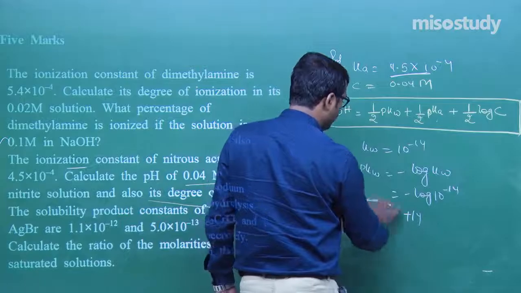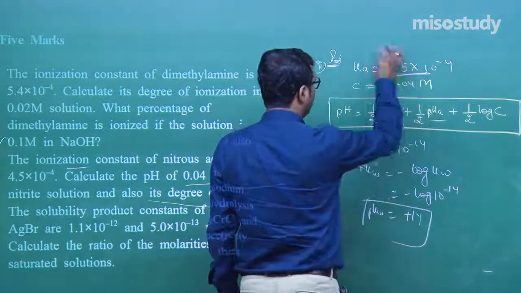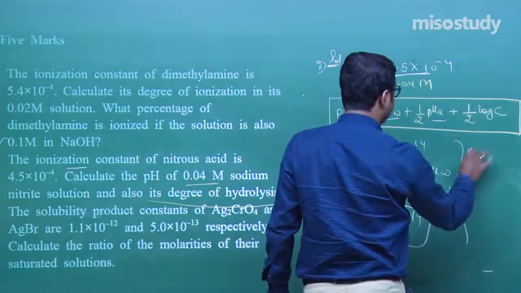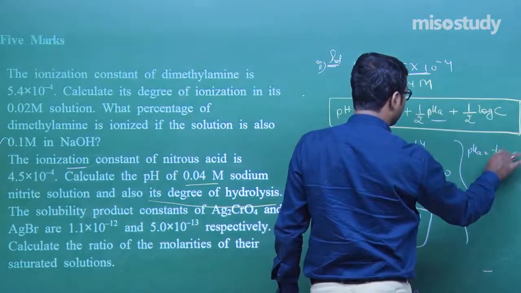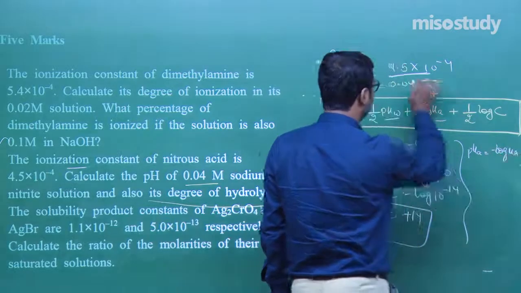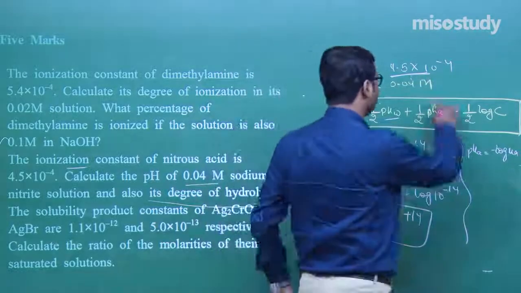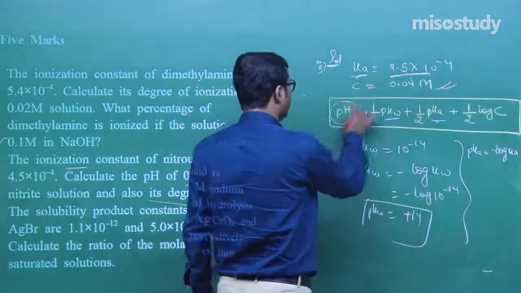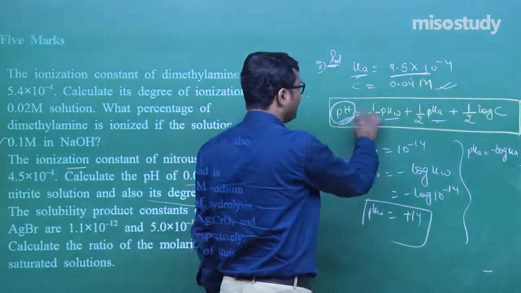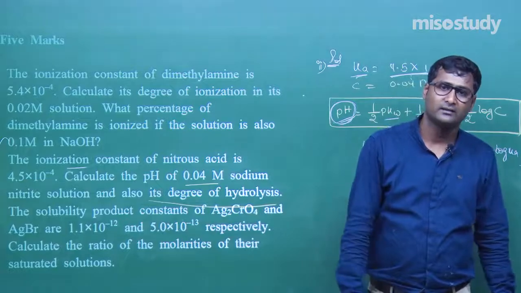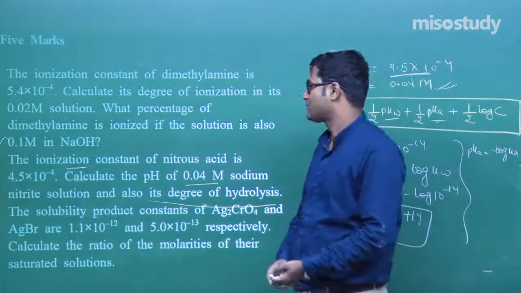Now put this value of pKw here. As we know pKa is equal to minus log Ka. Put the value of Ka, you can get the value of pKa. Now C is 0.04, you can get the value of pH, my friend. Am I right? Yes sir, you are absolutely right.